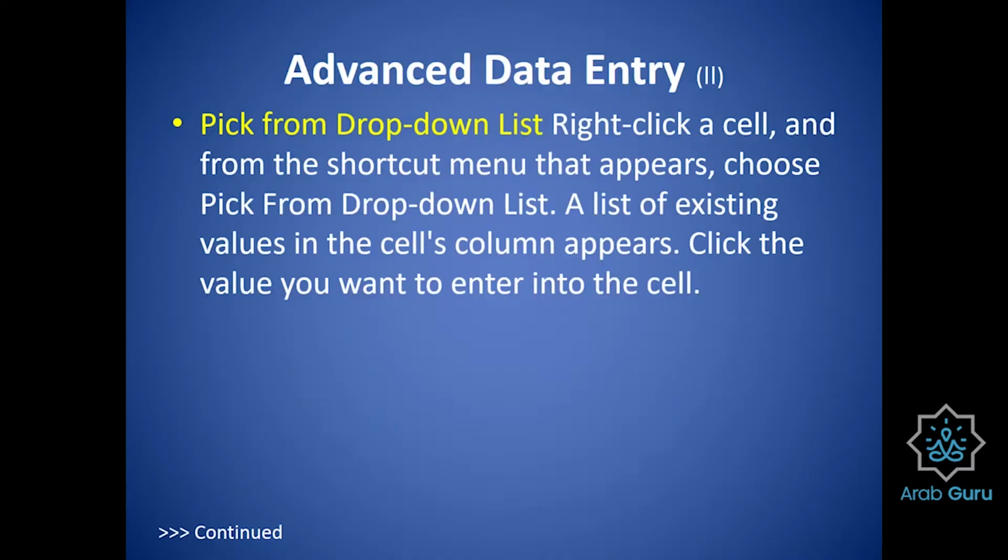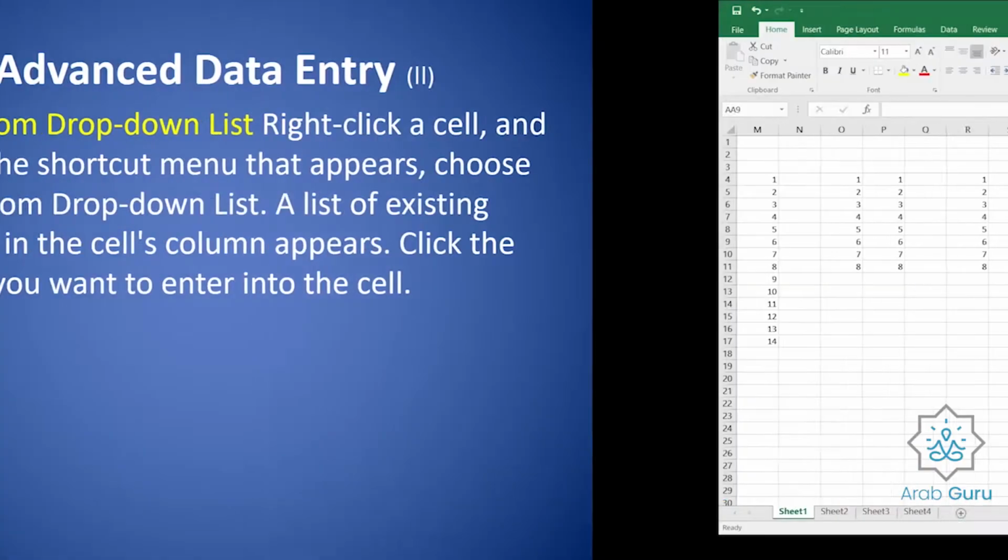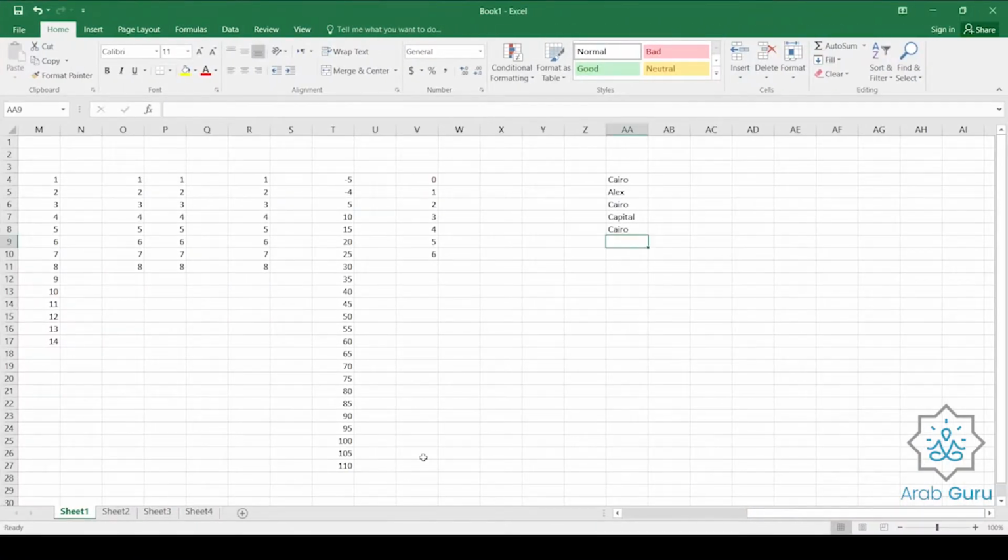Also, we can pick from a drop down list. If the list is very large, with many values inside it, and we are not sure how to type this word, we can just right click in this empty cell next in the same column, and here is an option called pick from a drop down list.